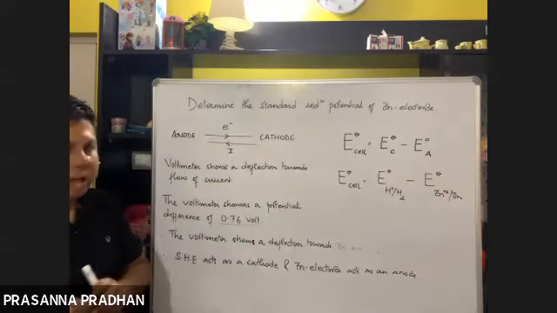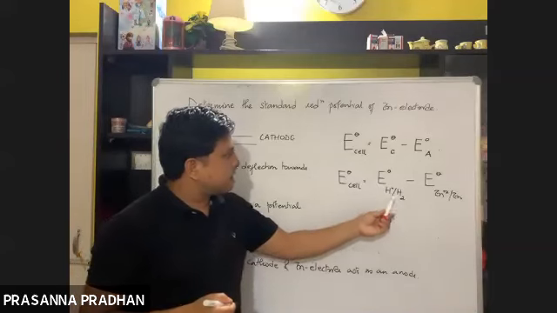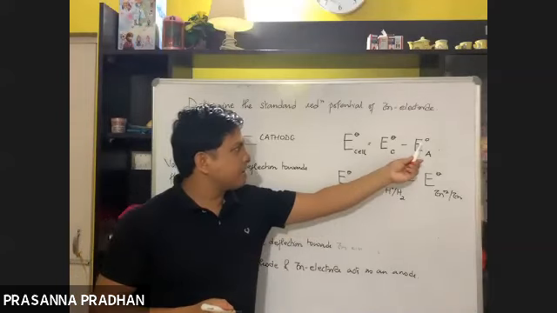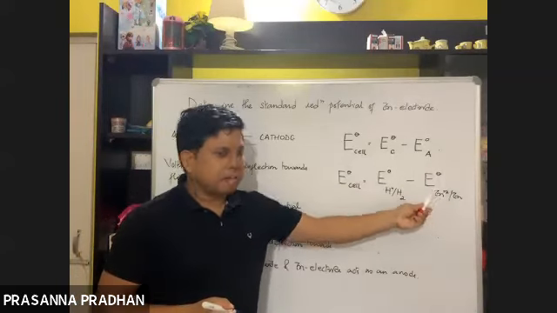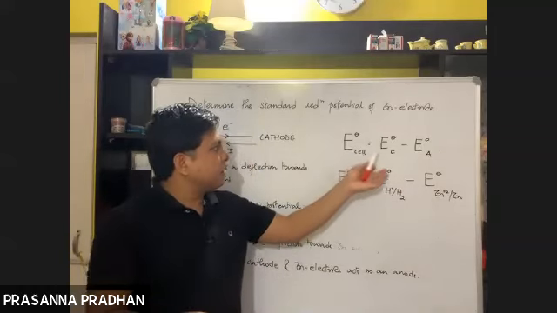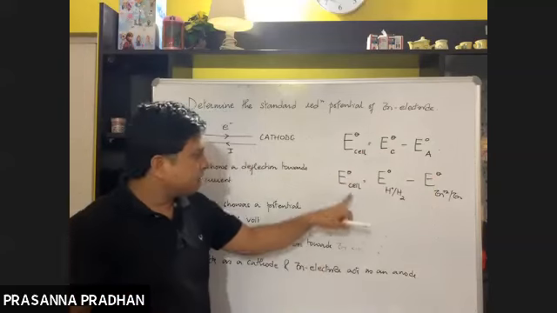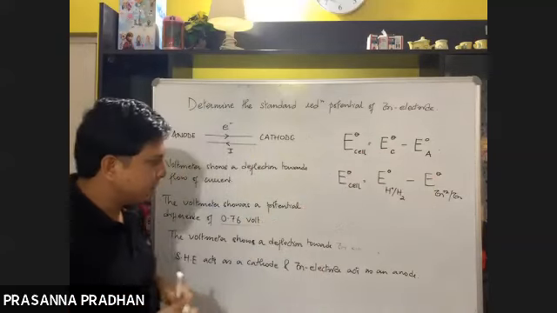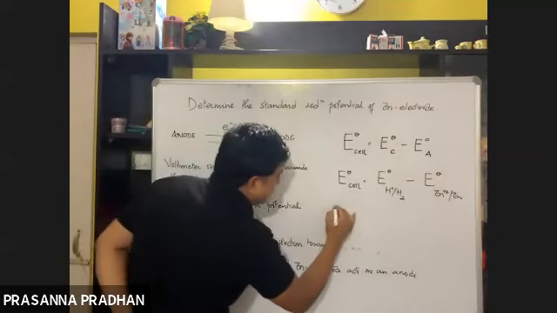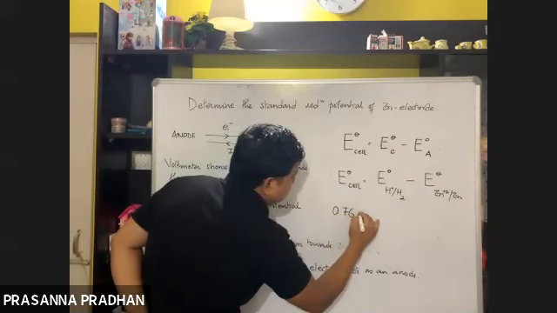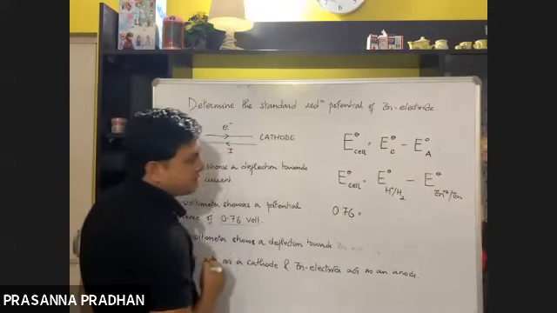So please note down, here I am expressing the reduction potential of cathode and reduction potential of anode. So what is the value of this cell potential? 0.76. What is the value of the standard hydrogen electrode?